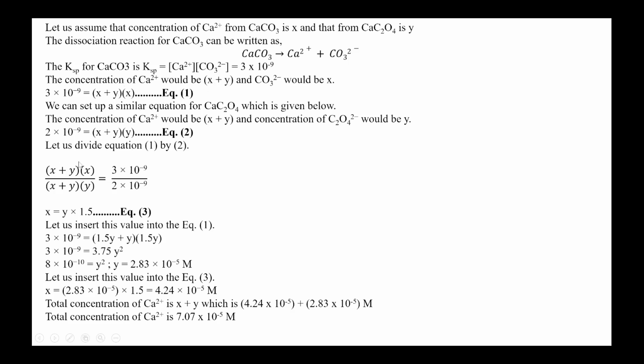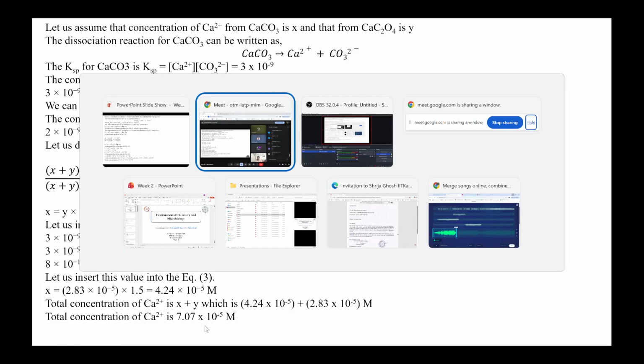For calcium chromate also, the solubility product is given, so you can calculate the solubility, and then you just have to add the total concentration of Ca2+ from both, and you will get the final concentration.